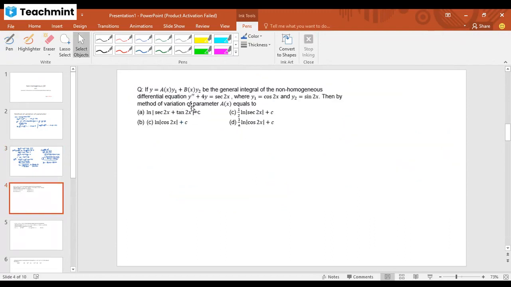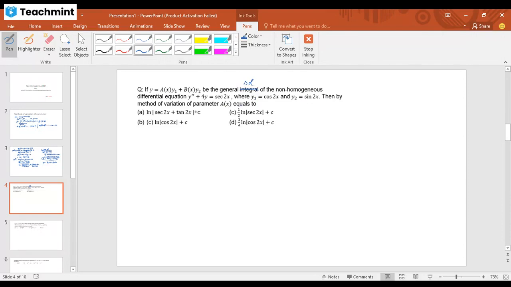So let us try a problem to understand the concept of this method. Suppose we are given this problem here. The question is: if y equal to a(x) y1 plus b(x) y2 is the general solution, not the integral, of the non-homogeneous differential equation, where y1 and y2 are already given to us, then by the method of variation of parameters, what is the value of a(x)?